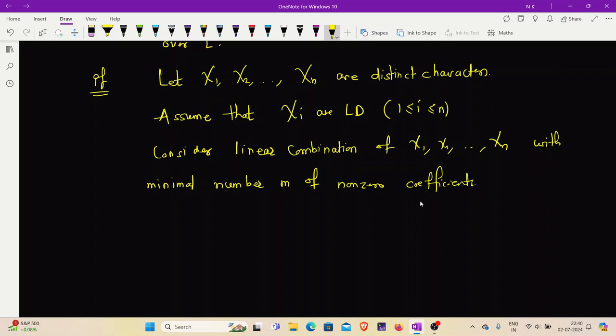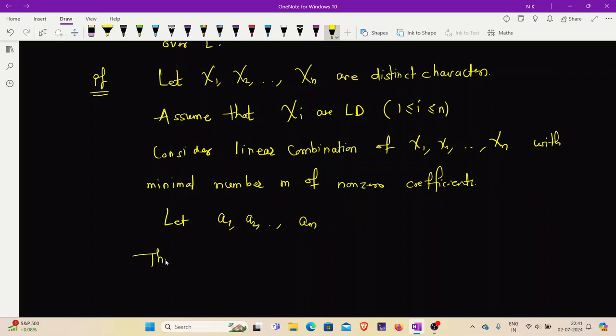So m is the least number of non-zero coefficients among all linear combinations of these characters. Let me assume that those non-zero numbers are a1, a2, so on am. Maybe on renumbering, if they are not in some order, we can reorder them and assume that those numbers are a1, a2, up to am.